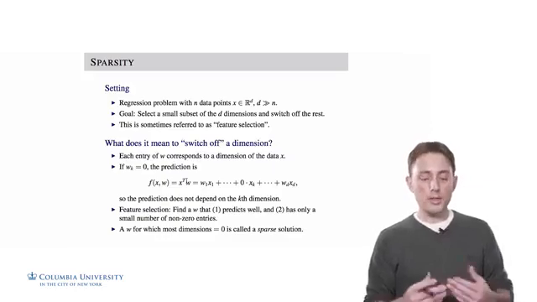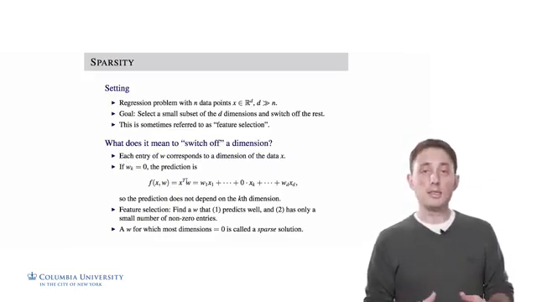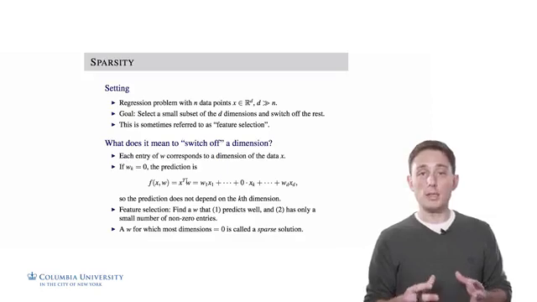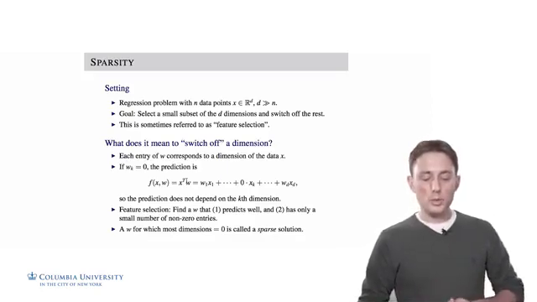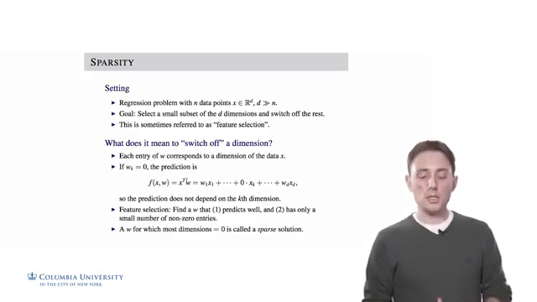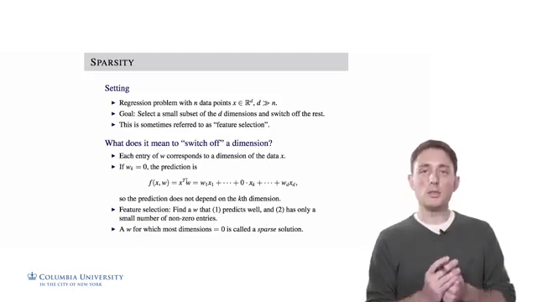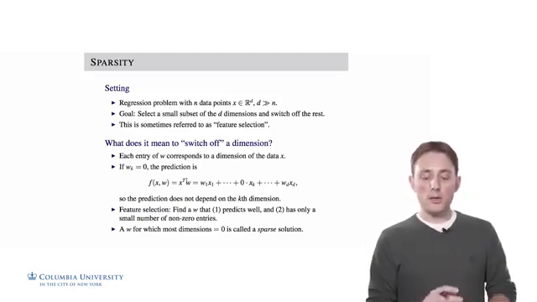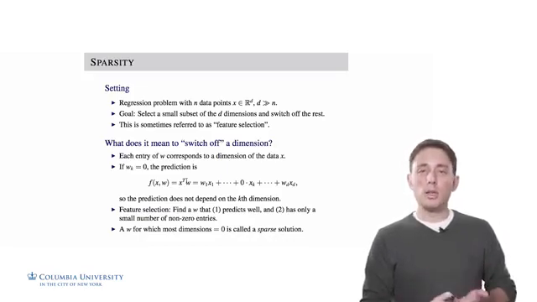So our goal in feature selection, in finding these dimensions of W that are not 0, is to find a vector W that first predicts well. We still want to predict the data well, but also with the added goal of having only a small number of dimensions be non-zero.